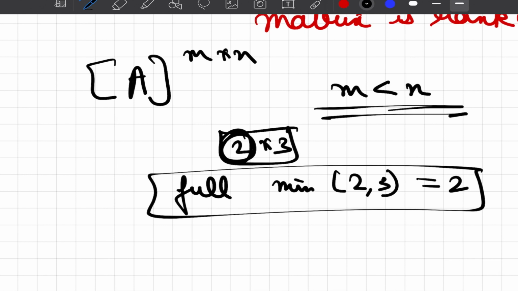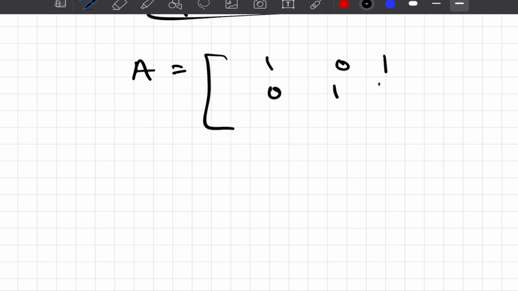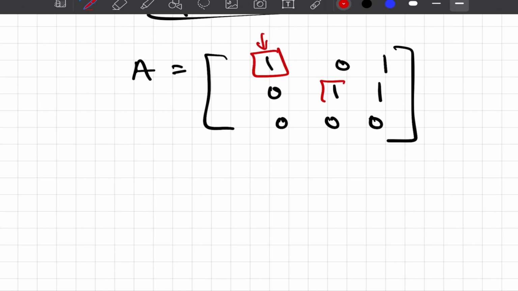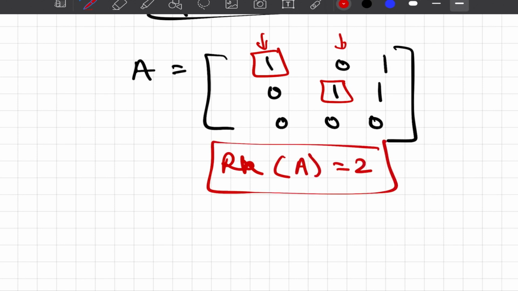Now with these results, let us look into one specific example of how we can determine the rank of a very simple matrix A, which is given by 1 0 1, 0 1 1 and 0 0 0. Again, this is already in reduced row echelon form. This is our pivot row and hence pivot column. This is our pivot row and hence pivot column. There are 2 columns which we identified as pivot columns. The third one is not a pivot column, and hence the rank of this particular matrix is equal to 2.